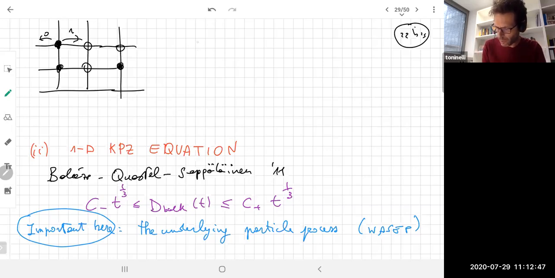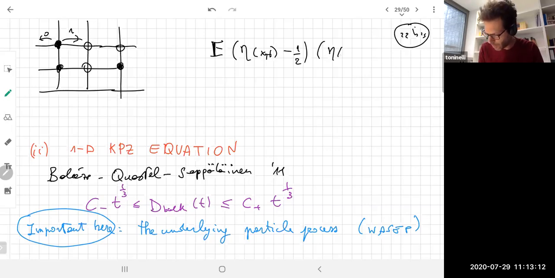Okay, and then what they do, they define the bulk diffusion coefficient, similar to our case. So they start their measure from the Bernoulli 1/2, which is stationary, and then they compute. They consider something like you take the occupation variable, so particle or no particle, at x, t, minus 1/2, which is the average value, times the same thing at 0, 0, minus 1/2.